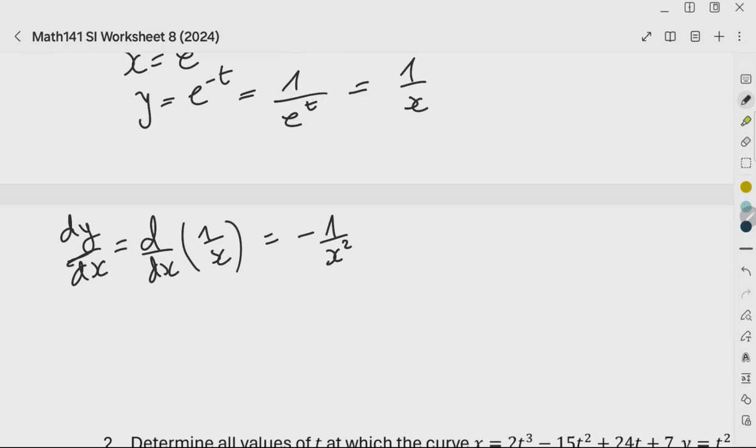So now we have our slope. But remember, we are told to evaluate this at t is equal to 1. And that means that if t is equal to 1, x is equal to e to the t, which is e. And y, the same way, y is equal to e to the minus 1.